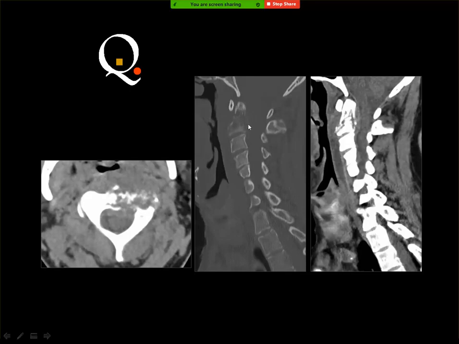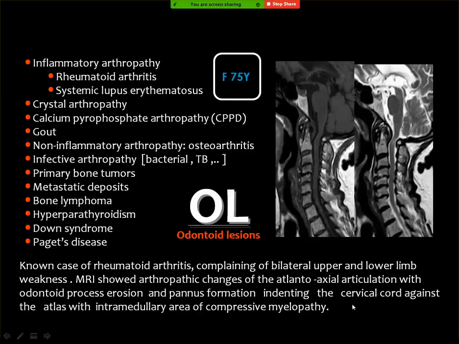This lesion is osteolytic, and there is some erosion of the cortex and an extraosseous soft tissue component as seen in the axial image. Then what are the differential diagnoses of odontoid lesion? There are a lot of lesions that can occur in this particular site. And we have mentioned one of them, which is chondrocalcinosis.